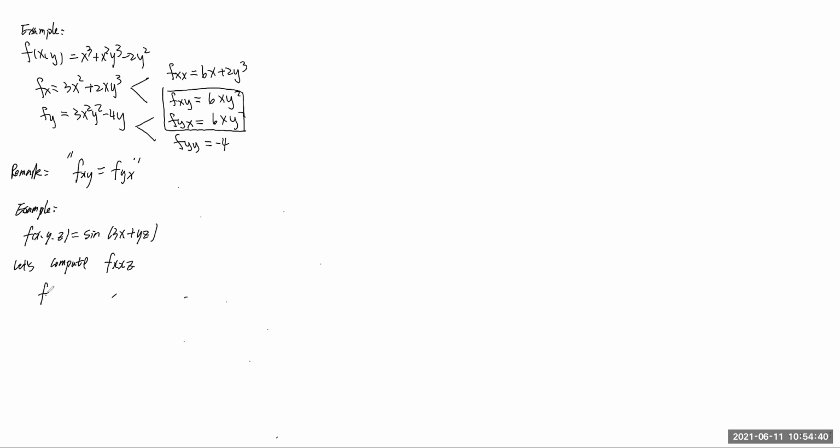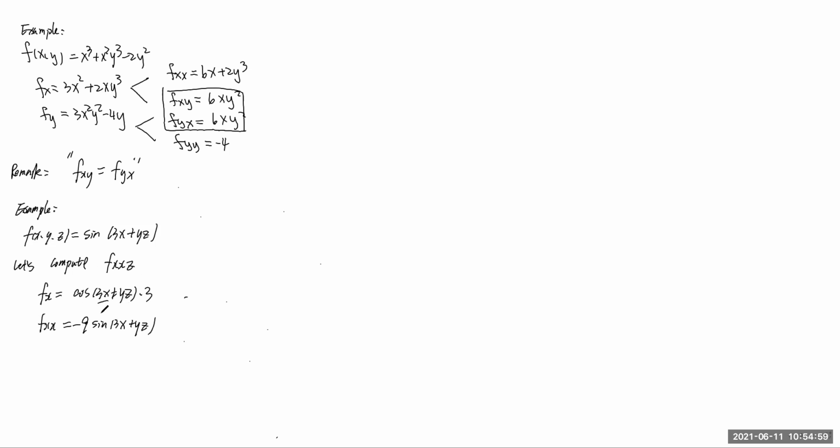So let's first compute fx. This is cosine of 3x plus yz, times 3, right? fxx is negative 9 sine of 3x plus yz.